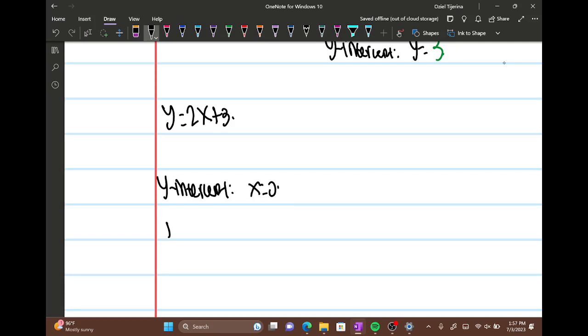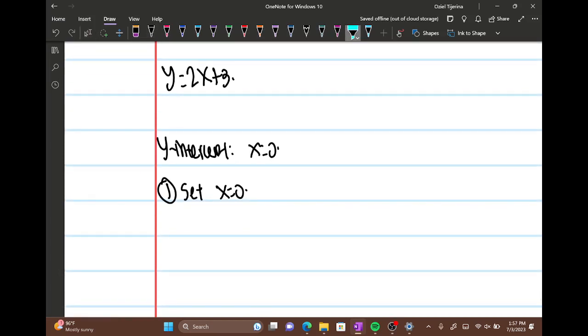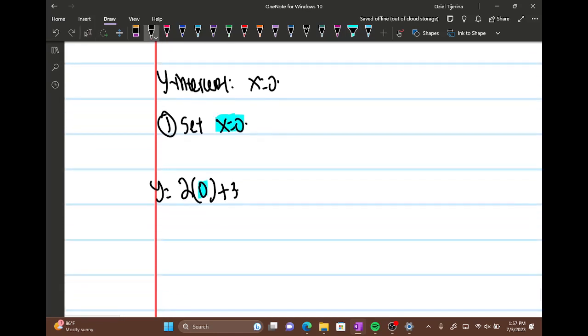So the first step is to set x equal to 0. So I'm basically going to do this right here. So if I do that, I have y equals 2 times 0 plus 3.